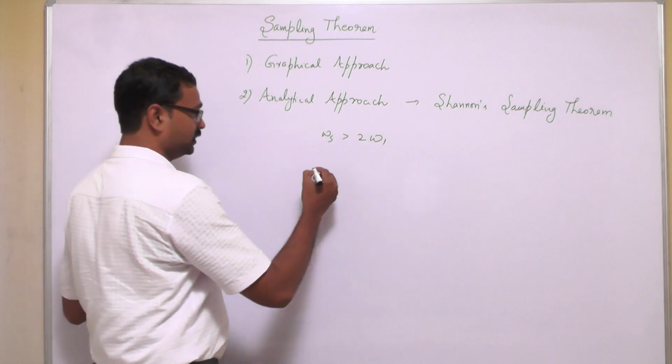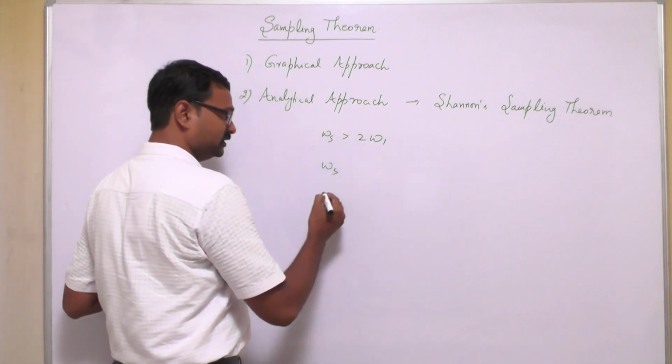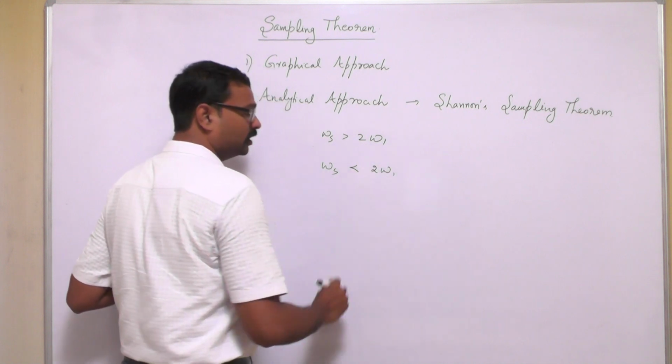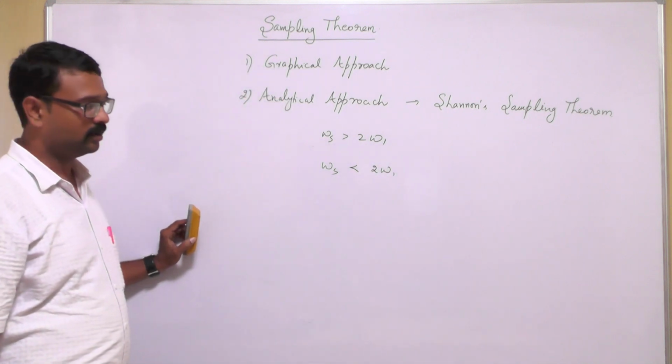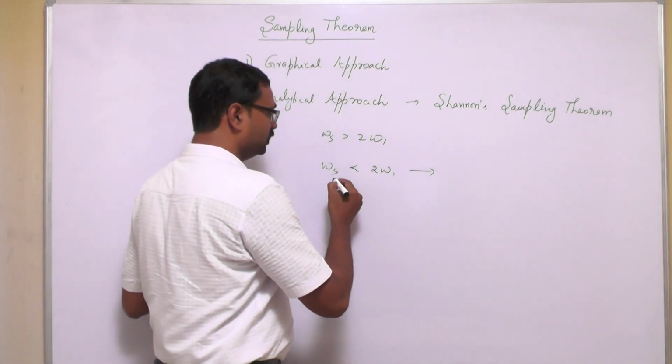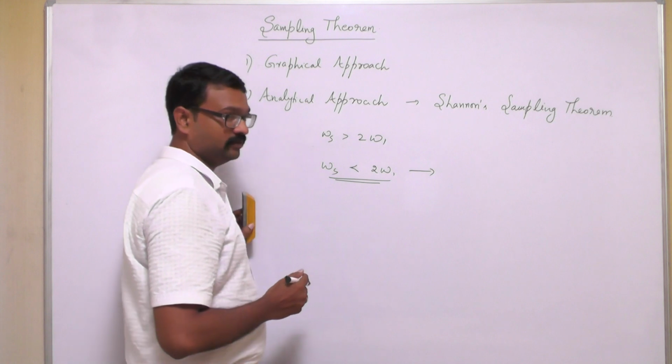We will also see and understand what is happening if omega s, the sampling frequency, is less than 2 times omega 1. What are the various problems that we are going to face when you are going with omega s less than 2 times omega 1.